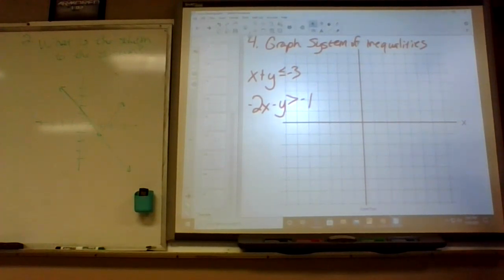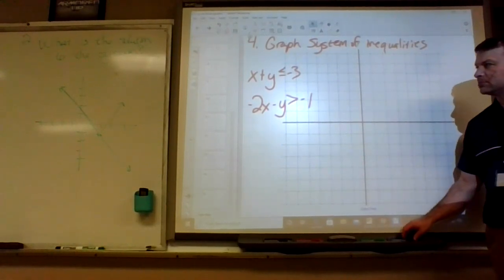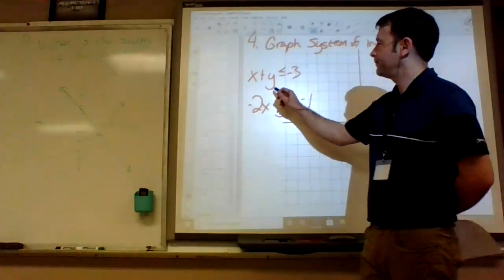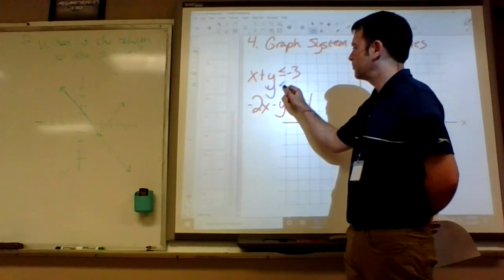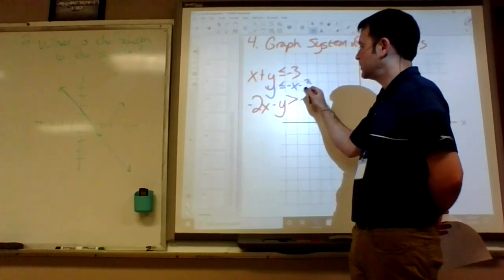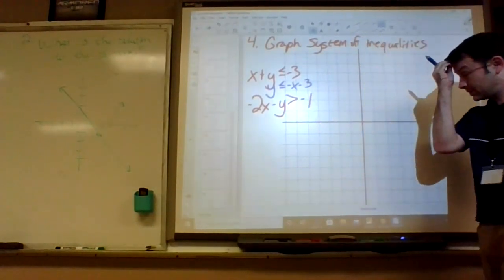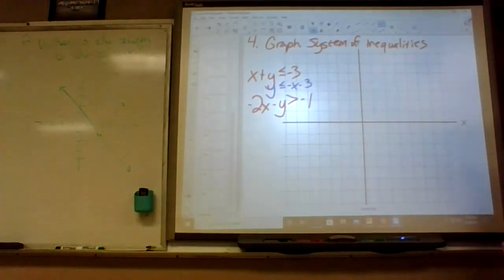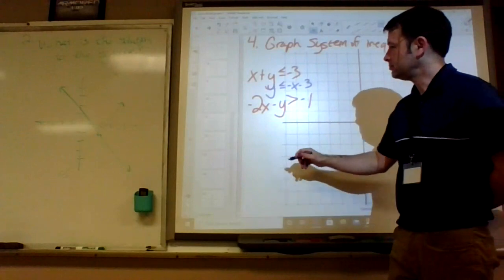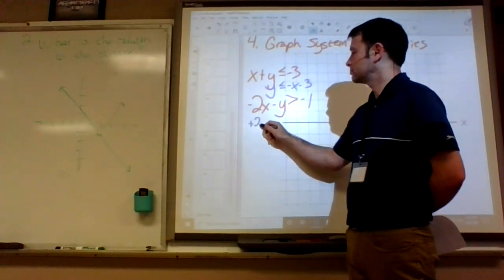Yeah, the positive becomes negative. So it would be y is less than negative 2x plus 1.